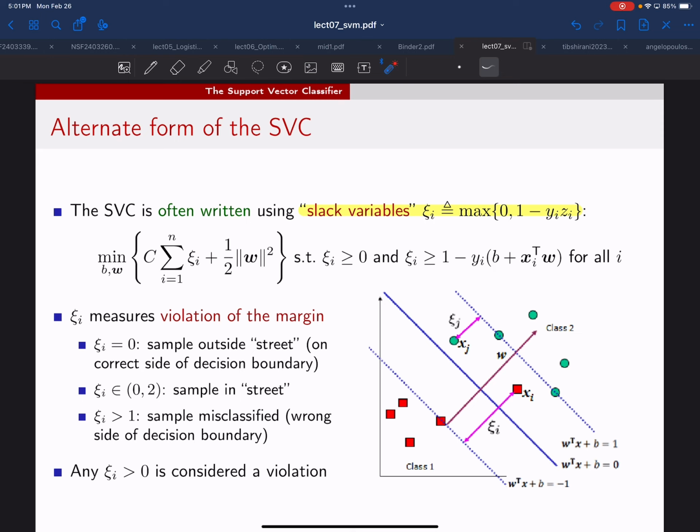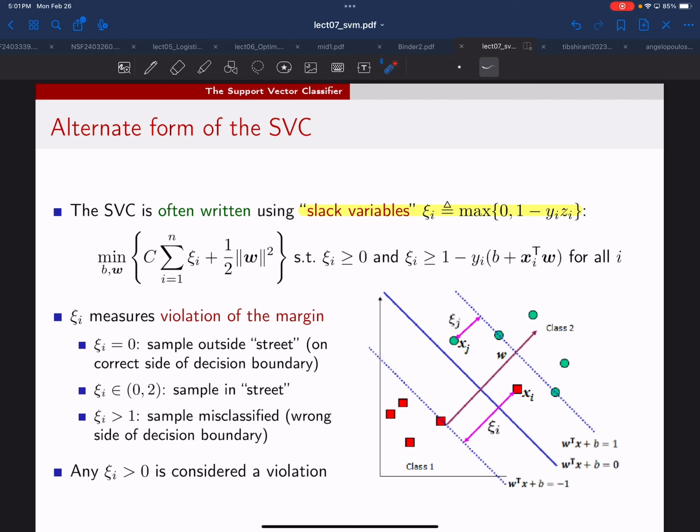Now, if you're in the street, somewhere over here, you have a xi_i. So it's 0, it grows to 1, then it grows to 2, then it keeps growing to 3, 4, and so on. So it depends how far you go. So 0 to 1 would be in the street. And if xi_i is 1 or larger, you're on the wrong side of the street. Misclassified.